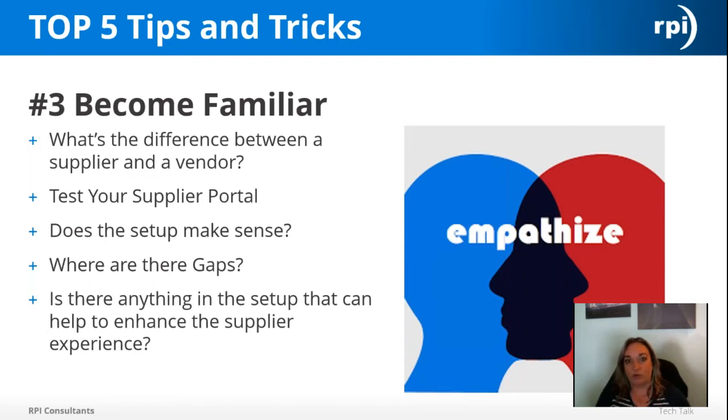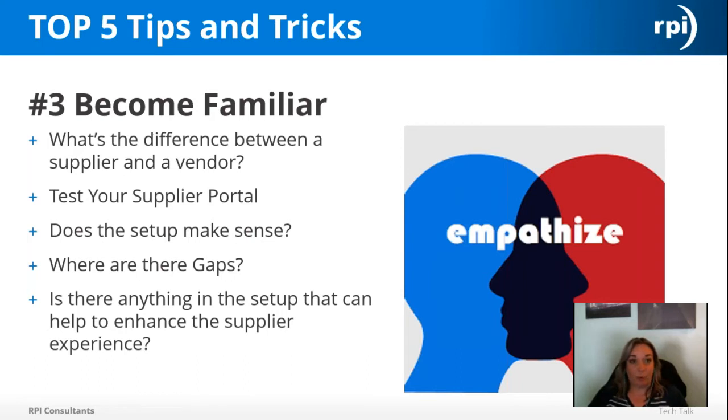When your suppliers register through the supplier portal, they're interested in establishing a relationship with your organization. They're interested in reviewing and responding to bidding events, but they haven't yet been validated or approved or awarded an event to then become a vendor.